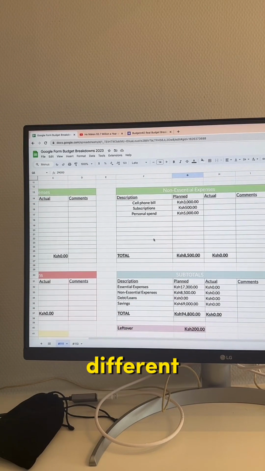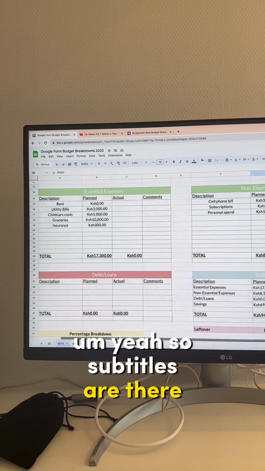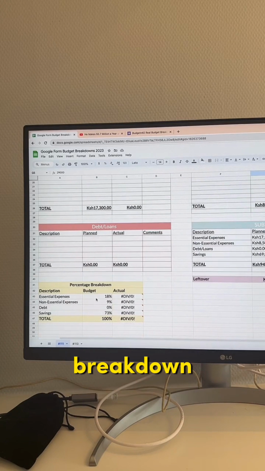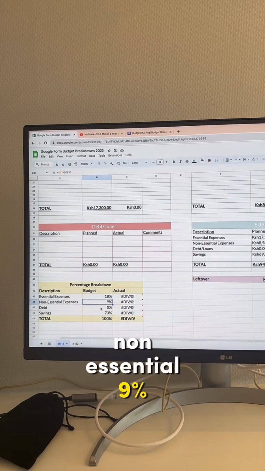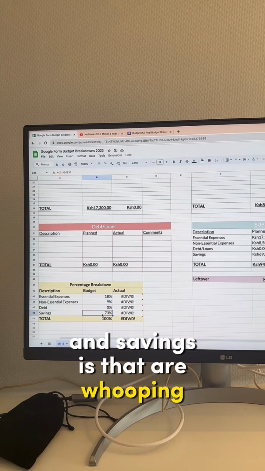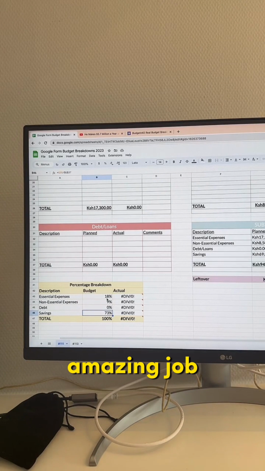So subtotals are there. You can see the percentage breakdown: essential is at 18%, non-essential 9%, and savings is at a whopping 73%. So this person is doing an amazing job.